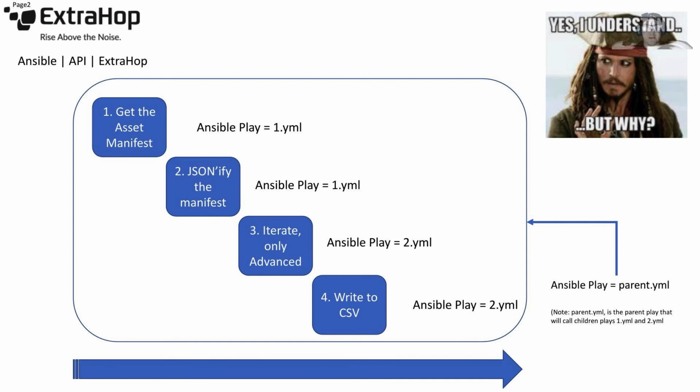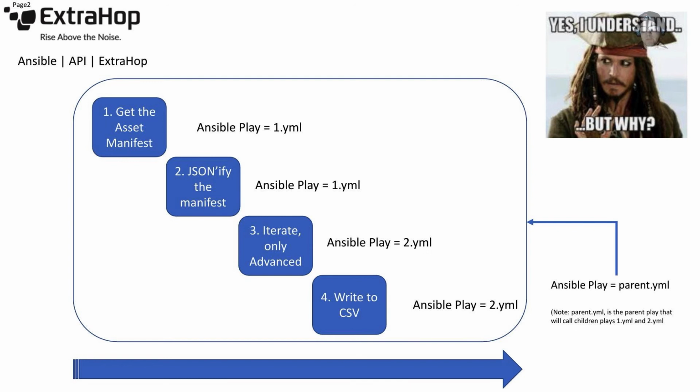Then we're going to iterate over all the assets, because now it's in a JSON format from task 2, and we're going to write to CSV only when the asset has an element called advanced analysis equals advanced.